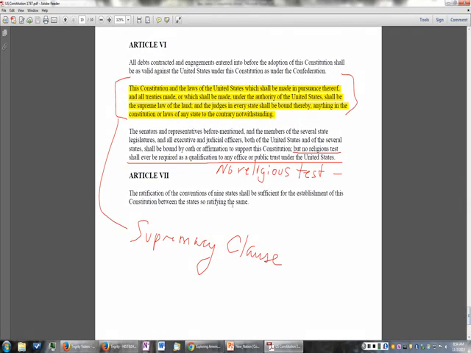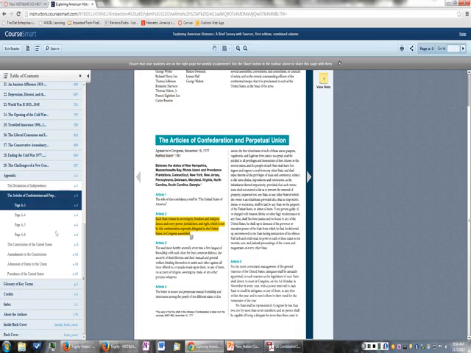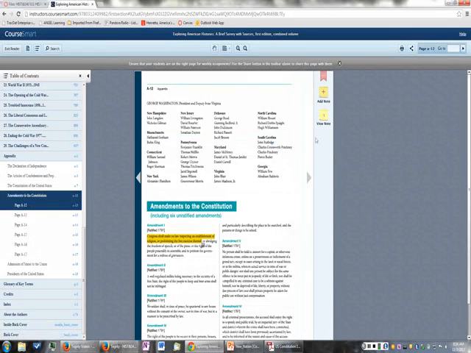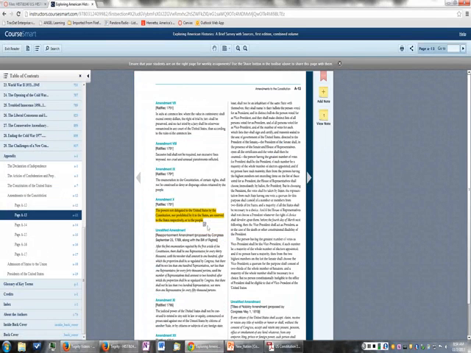The 10th Amendment is the other part of it, and if we go back to your textbook and go down to the Constitution and the amendments to the Constitution, and we look at the 10th Amendment, it says the powers not delegated to the United States by the Constitution nor prohibited by it to the states are reserved to the states.